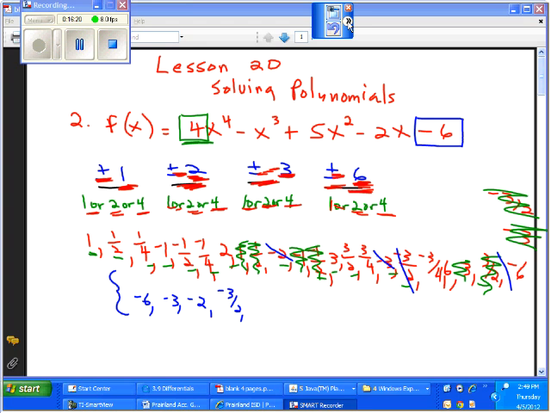Then we would have our negative 1. Then we would have a negative 3/4. Got to kind of think about fractions a little bit here. Then we're going to have negative 1/2, excuse me. And then we would have a negative 1/4.